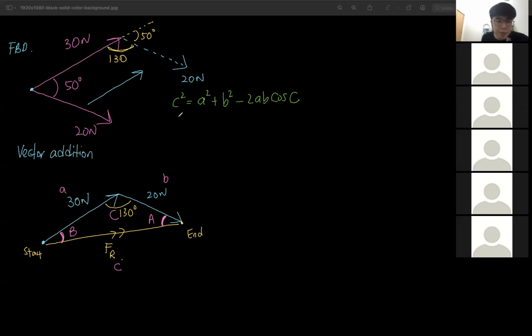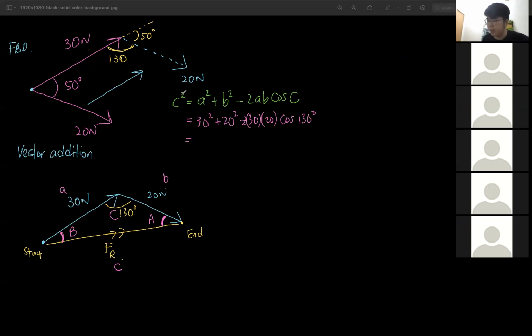Label 完了, 我们就放进那个 formula. So C square equals to 30 square plus 20 square minus 2 times 30 times 20 cos 130.